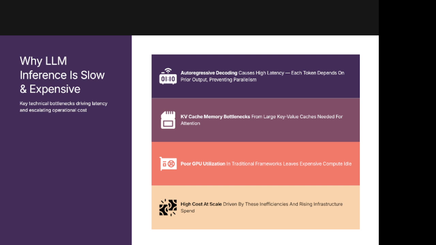First of all, we need to understand why LLM inference is slow and expensive. What is the technical bottleneck around it? For any LLM model, each token used to identify the question being asked to the system is determined based on its subsequent and previous tokens in the query.